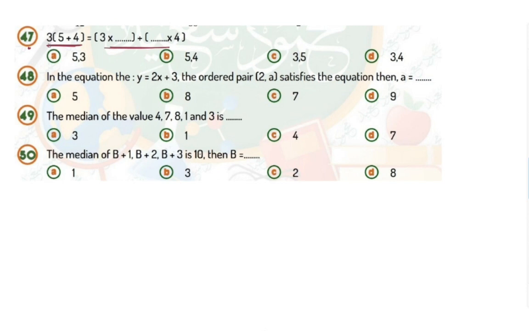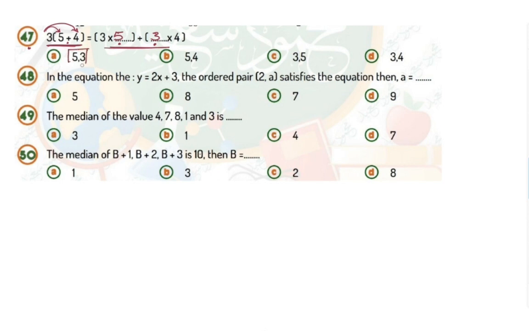I will distribute 3 multiply 5 added to 3 multiplied by 4. Look here, we have 3 multiply blank: 3 multiply first 5, plus what multiply 4? 3 multiply 4. So here we need 3. So the missing numbers here are 5 and 3.